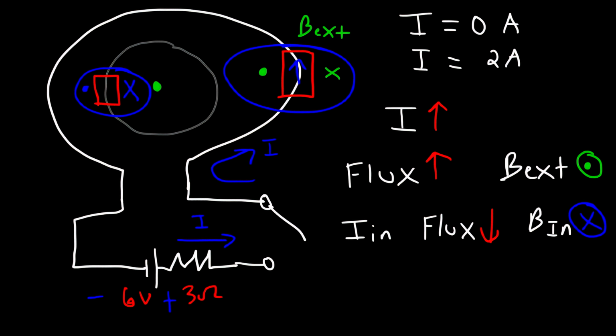Because in both cases, the X is on the right side and the dot is on the left side. So therefore, this must be going up. So the current is traveling in the clockwise direction. So that's the direction of the induced current.